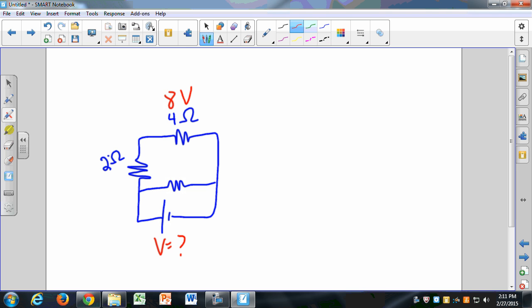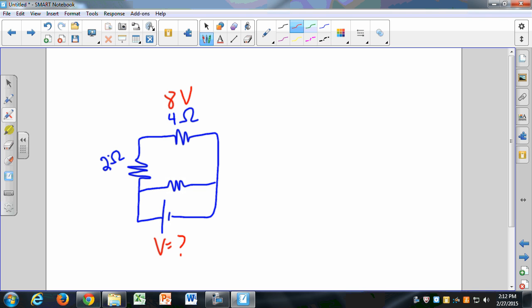That'd be 8/4, which is going to be 2 amps. So I have 2 amps flowing through this resistor, but because these two are in series, I'm also going to have 2 amps here. So my voltage here is 8 volts, right? What's my voltage here if I have 2 amps? 4 volts.